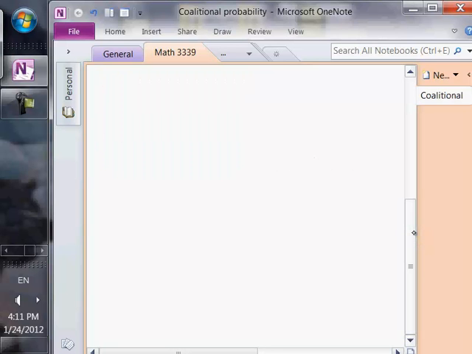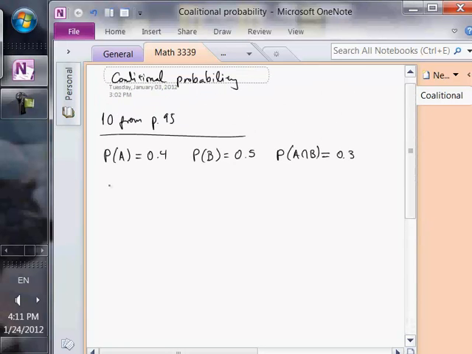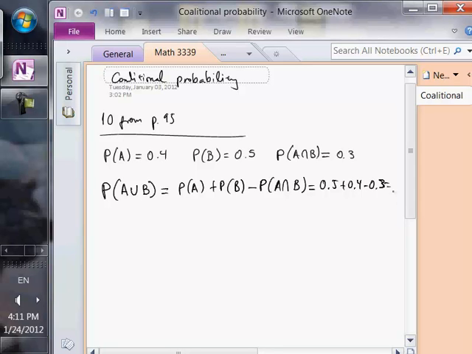The problem asks us first to find the probability of A union B, which is an application of the formula we mentioned last time. 0.5 plus 0.4 minus 0.3 gives 0.6. So the probability of A union B, or A or B, is 0.6.